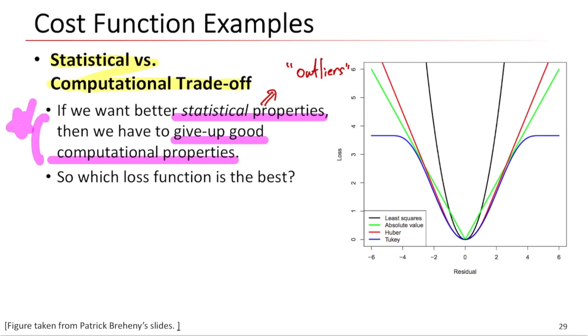What does that mean? Okay, let's see this figure. The x-axis means the residual or errors of the estimated values with the real values, like f_w(x_n) minus y_n, right?